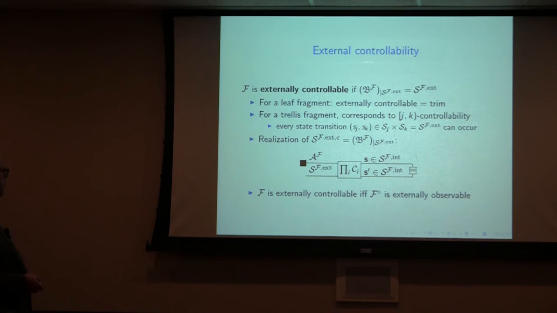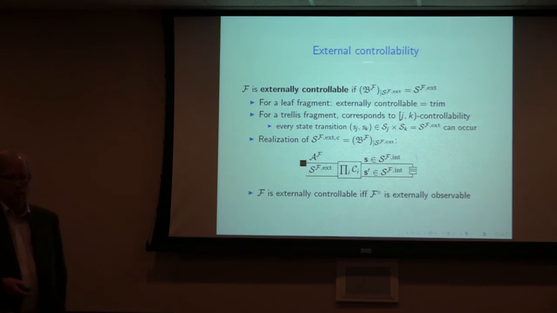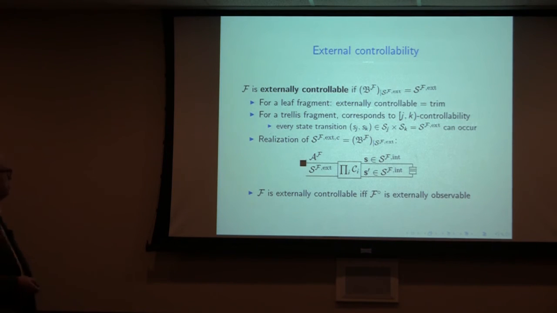So for a leaf fragment, that amounts to simply being trim, same as the definition of trim. For a trellis fragment, the one you're most used to in conventional linear system theory, this corresponds to JK controllability. Can all possible pairs of states at the beginning and end of a trellis section occur?